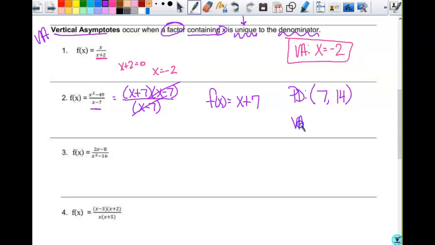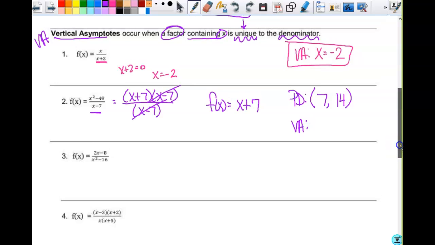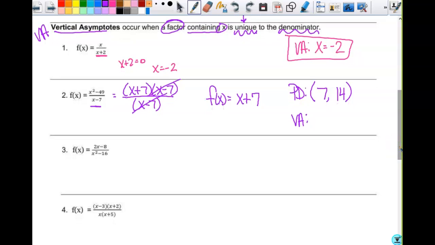My vertical asymptote, it says I have a unique factor containing x in the denominator. Well, there isn't an x in the denominator, so I have none. So at first glance, it kind of looks like you do, but you don't. Because once it cancels out, you don't get to be both. It's not going to count for a point discontinuity and for an asymptote. Okay.